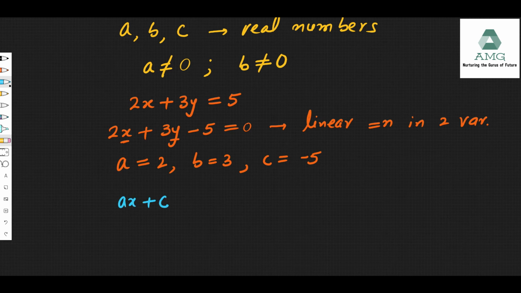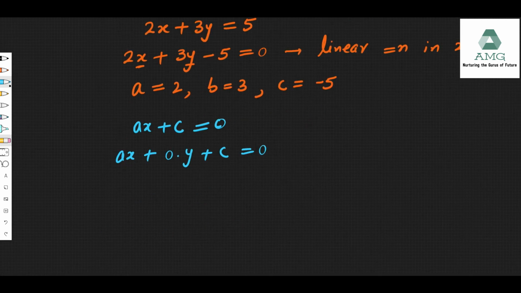Some equations of the type ax plus c equals to 0 can also be expressed as linear equations in two variables, as ax plus 0 times y plus c equals to 0. For example, 3x minus 5 equals to 0.